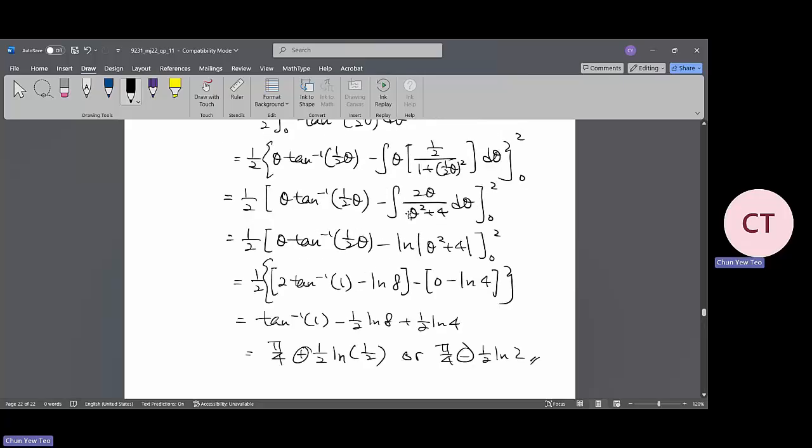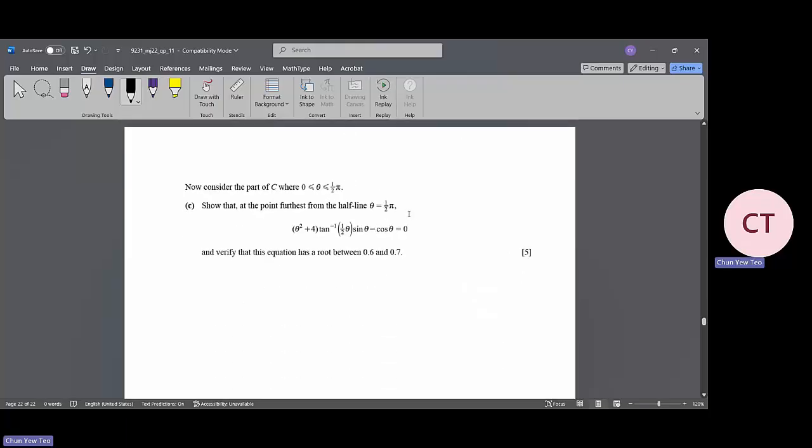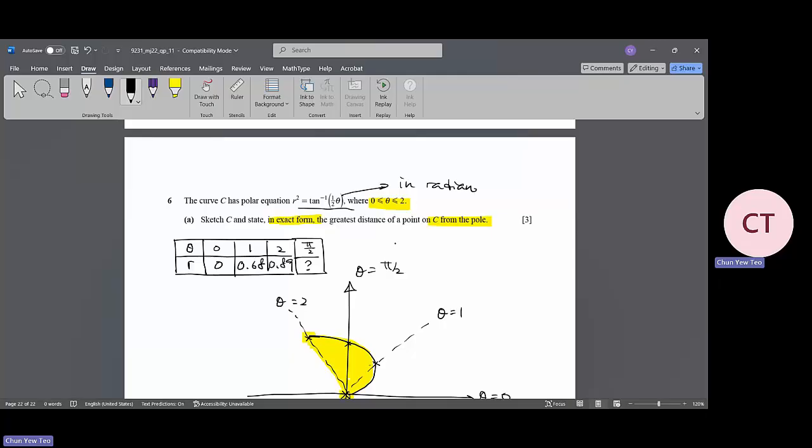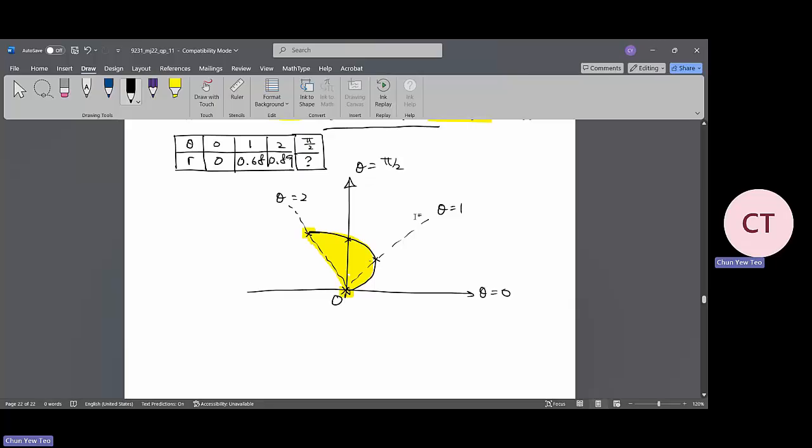And now we go for number 6C. Sorry, so I think I missed out something. I just remembered. Just now they're asking you to find the greatest distance of the pole on the C, in exact form. So when the theta is equal to 2, your r square is equal to the arctangent of 1, which is equal to pi over 4.